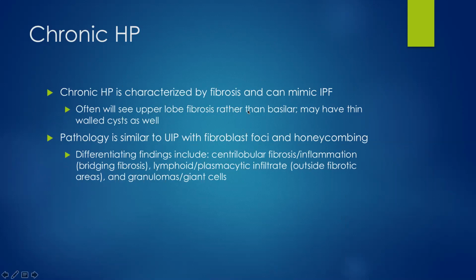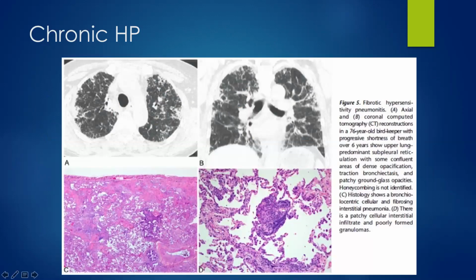Because with chronic HP, you still have honeycombing, but do you see the difference in terms of where it is? It's in the upper parts of the lung. The bases aren't as bad as with IPF. And there's a bit more inflammation and granulomas if you actually did a surgical lung biopsy with chronic HP versus IPF.